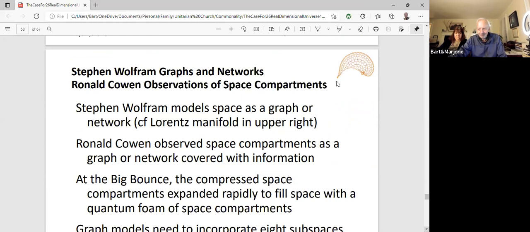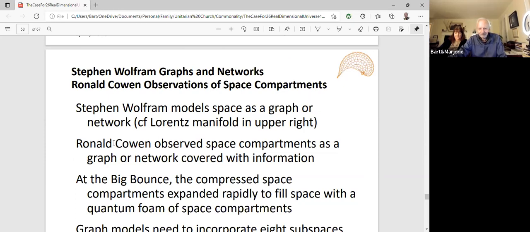He had it up here in the corner, let me see if I can move this thing. You can see it. Yeah, up here in the corner is a model of a graph of a network that would obey this Lorentz symmetry that we've been kind of walking around and all this stuff.